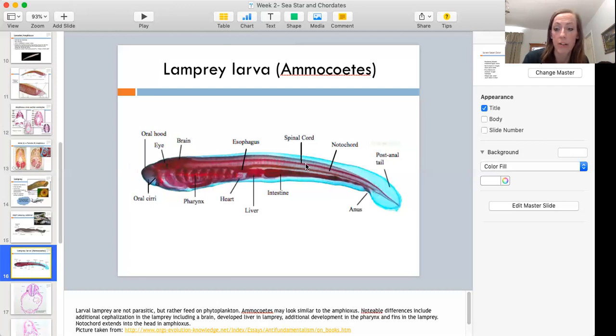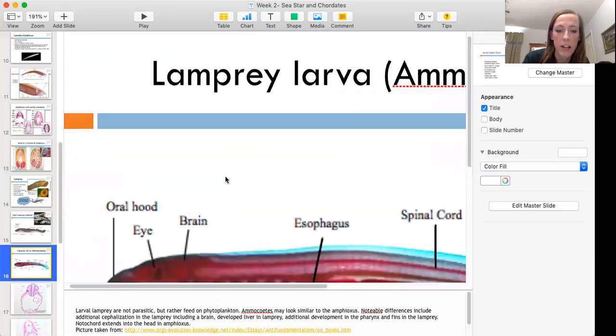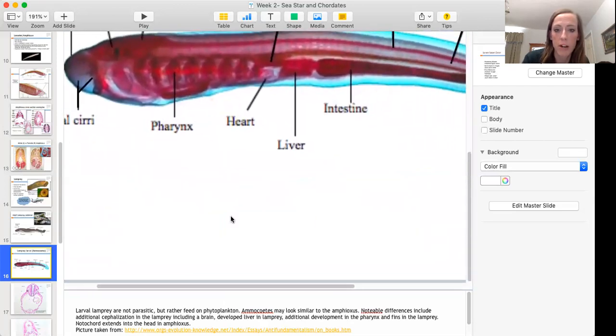Now we call it the spinal cord, okay? Just ventral to that, again, we've got the notochord running the length of the body. And then ventral to that, you can see the pharynx, followed by the esophagus, leading to the intestine. And then just ventral to the esophagus, you can make out a little chamber where the heart is, okay? So I'm going to enlarge that so you can see that a little bit better, okay?